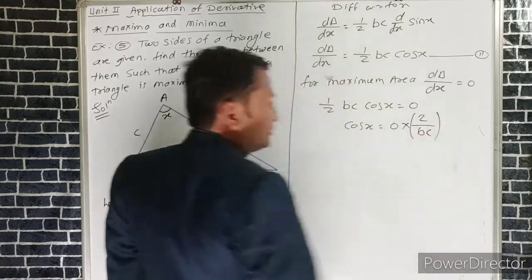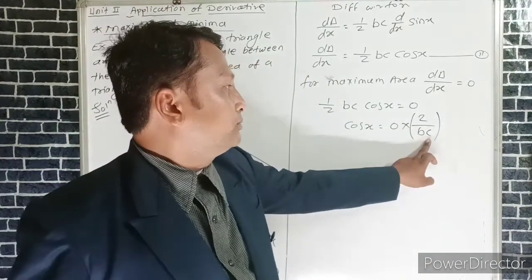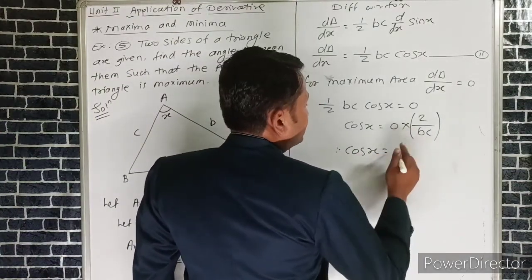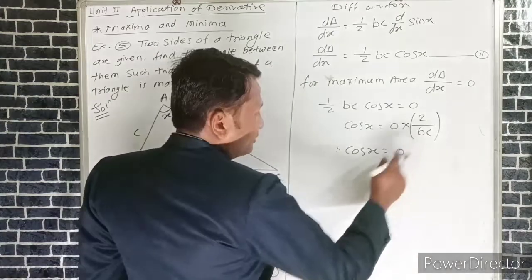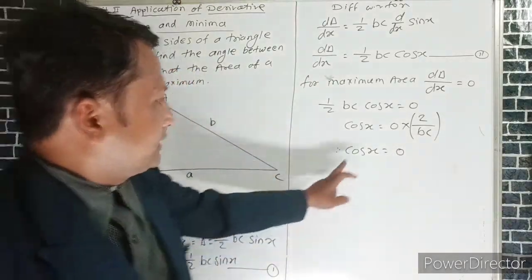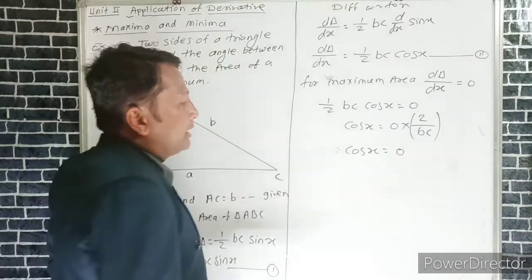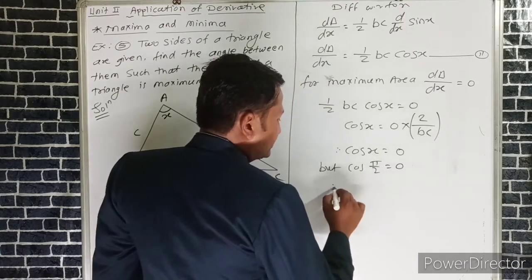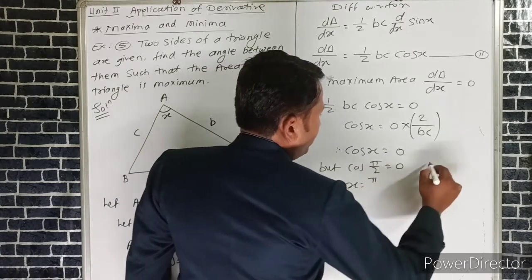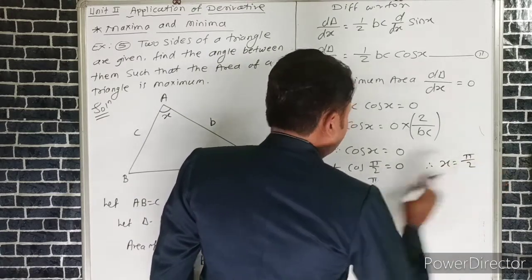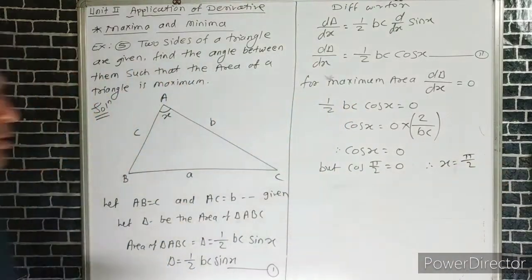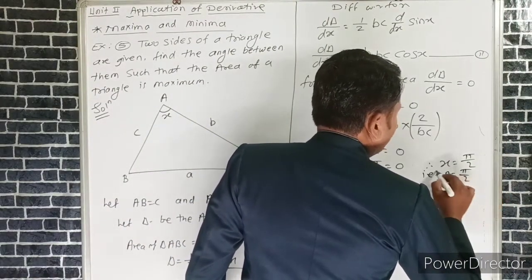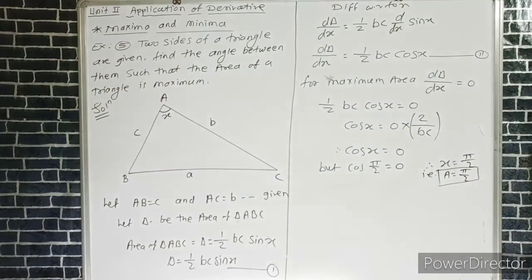If we multiply any function by 0, the whole value is again 0. So cos x equals 0, and we know that the value of cos pi by 2 is also 0. Therefore x equals pi by 2. The angle A equals pi by 2.